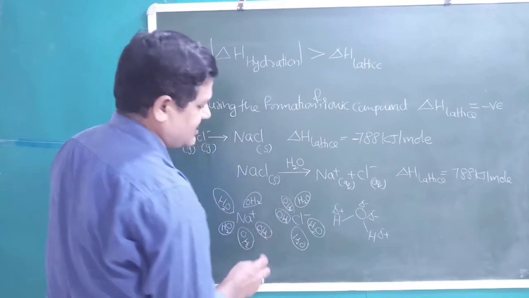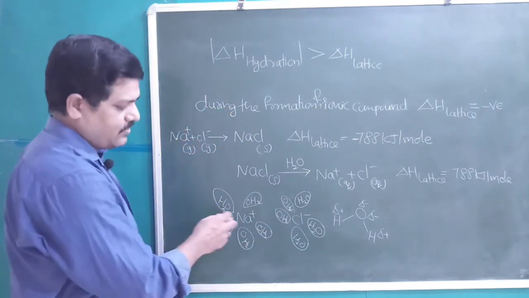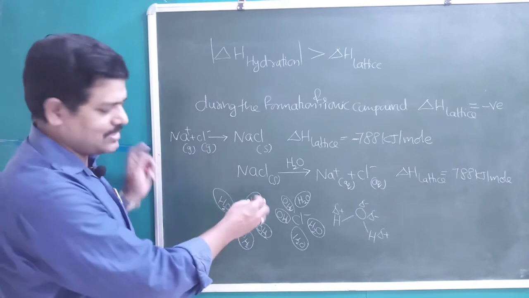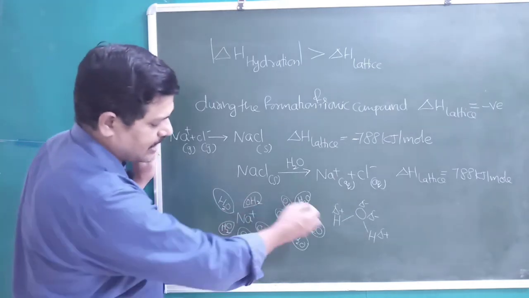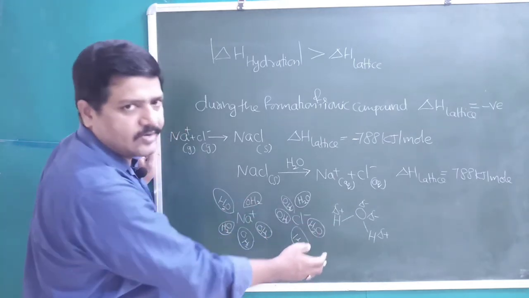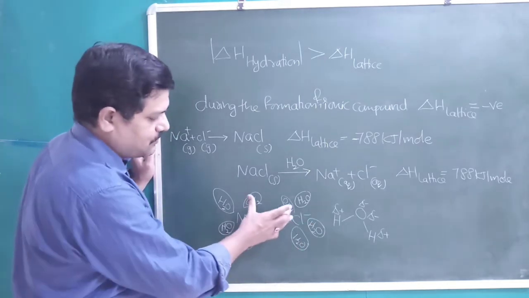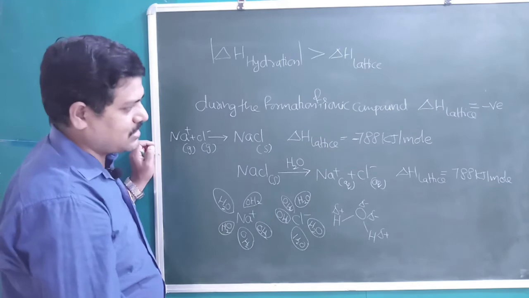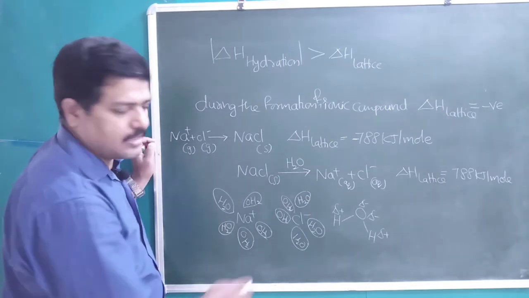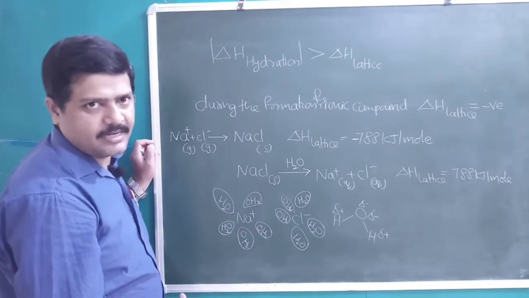The new interactions are formed between water molecules and the positive ions, cations, as well as water molecules and the anion, that is Cl minus. This process is called hydration.